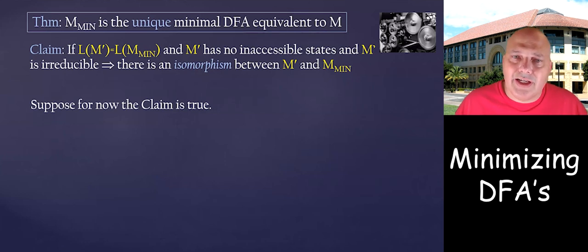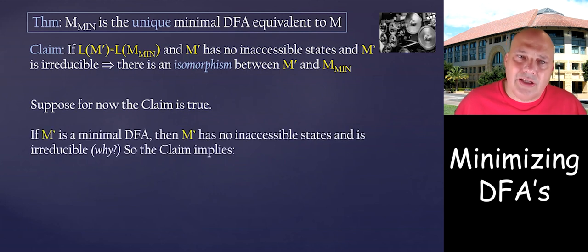So assume that the claim is true. Then define M prime to be a minimal DFA for the same language. A minimal DFA certainly satisfies the condition of the claim. A minimal DFA has no inaccessible states and is irreducible. Otherwise, we can get an even smaller DFA by removing inaccessible states or combining states.